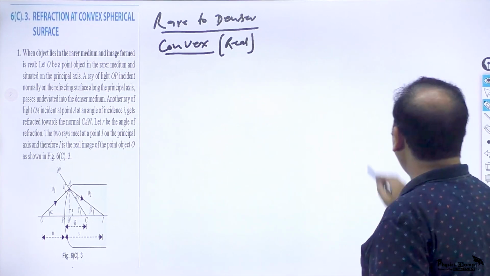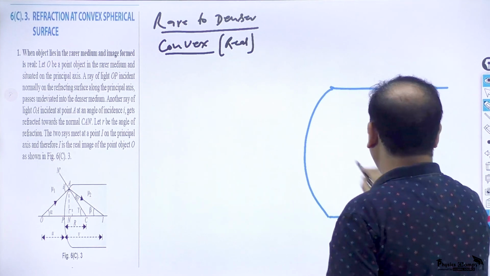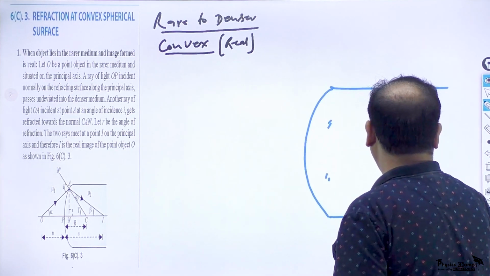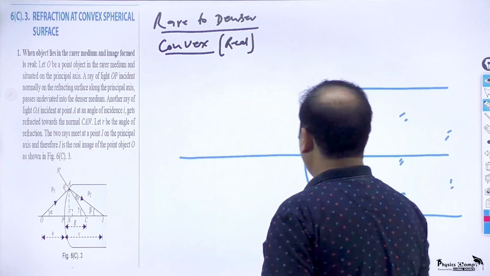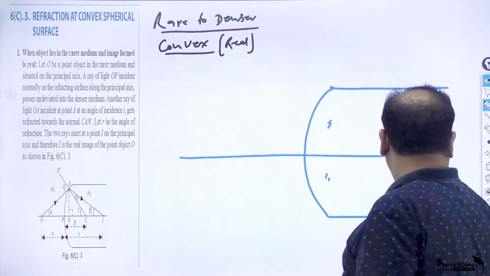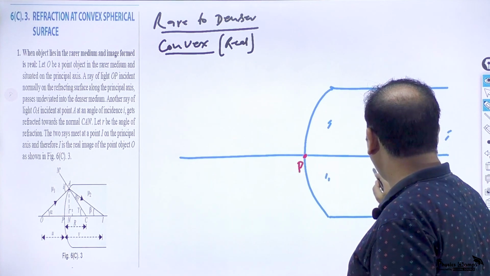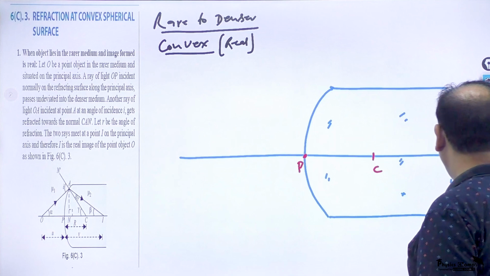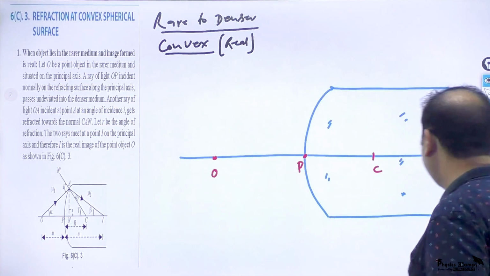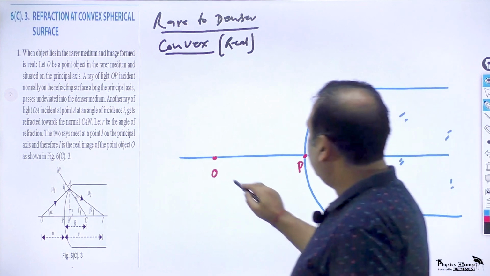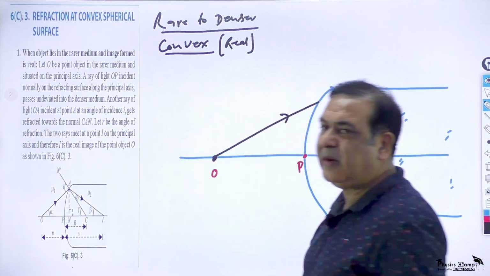So assume you have a convex refracting surface this time, and here is going to be the principal axis. This point is pole P, and here is center of curvature C. And let there be an object here in the rarer medium. So from this object O, a beam of light is incident onto this convex refracting surface.